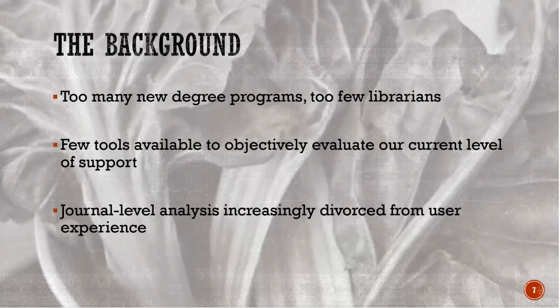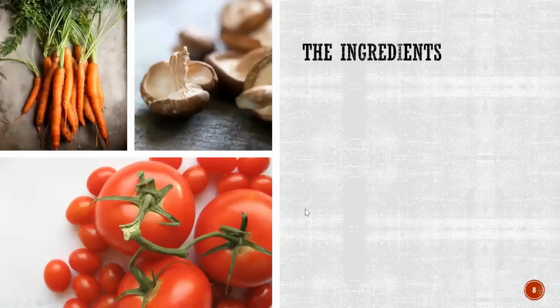So with that background out of the way, let's talk about the ratio itself. It's an incredibly simple metric for evaluating the strength of holdings at the item level within a given subject area.